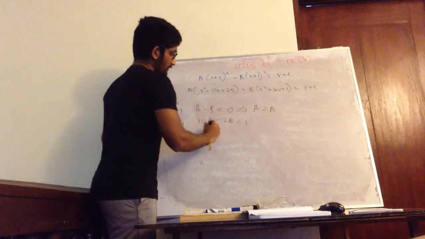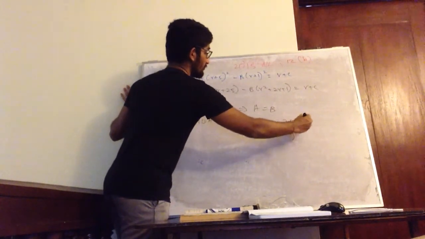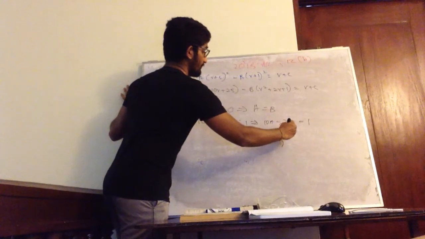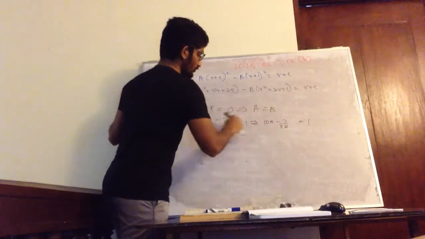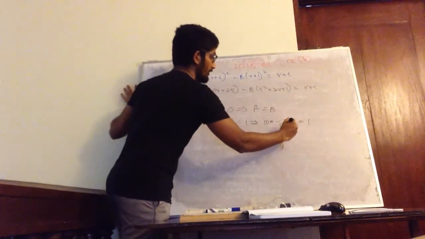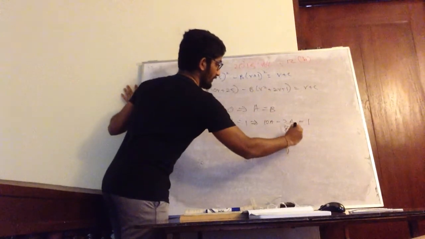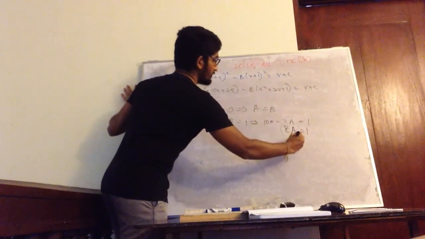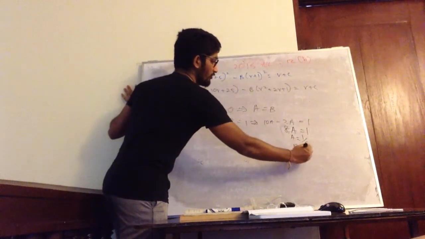That means 10A minus 2A is going to be 1, so 8A is going to be 1. So A is going to be 1 over 8. Since A equals B, B is also going to be 1 over 8.